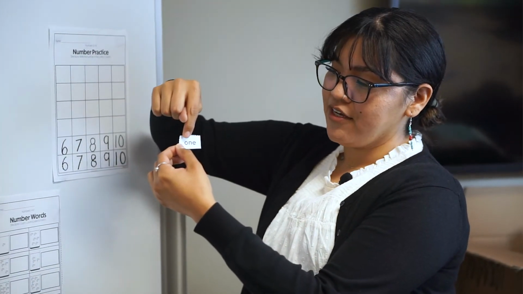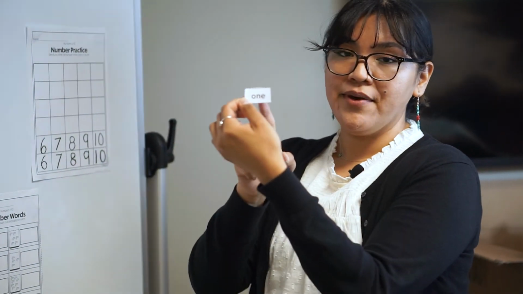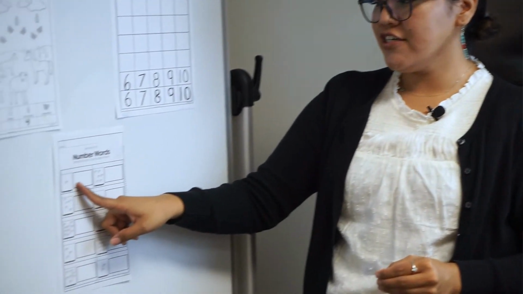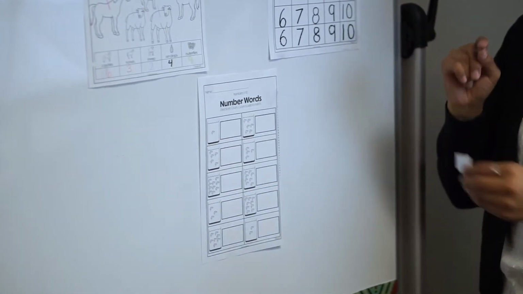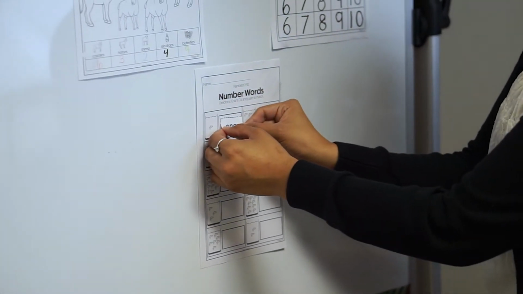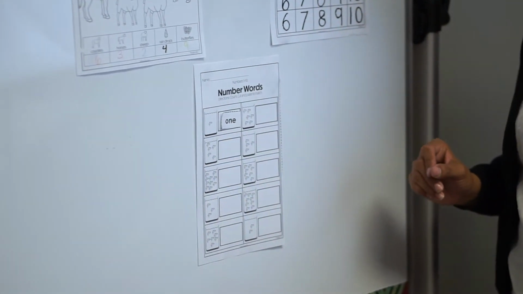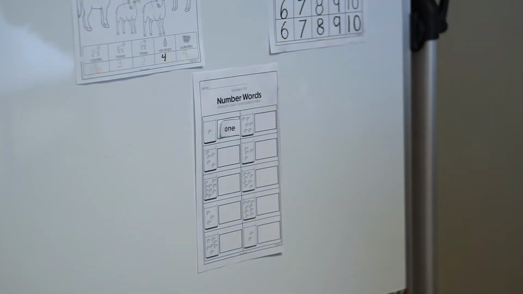So we have O-N-E. That spells 1. I'm going to put some glue in the back of this, and we're going to look in our first section that has 1 fish, and we're going to put the word 1 because there is 1 fish.